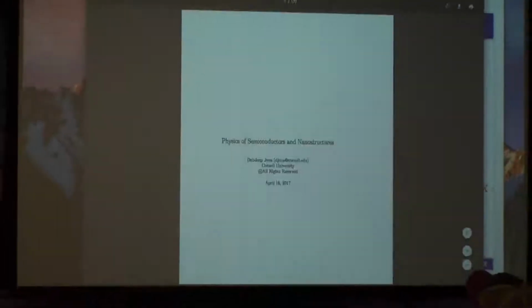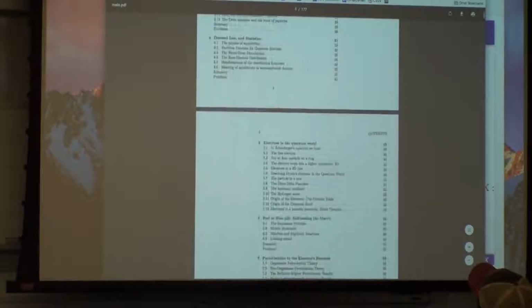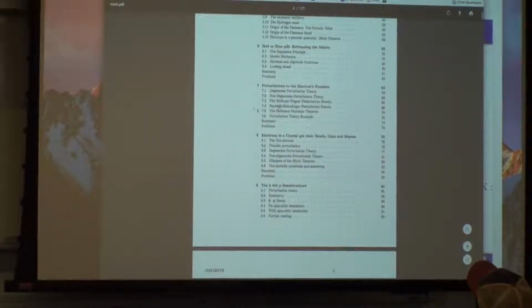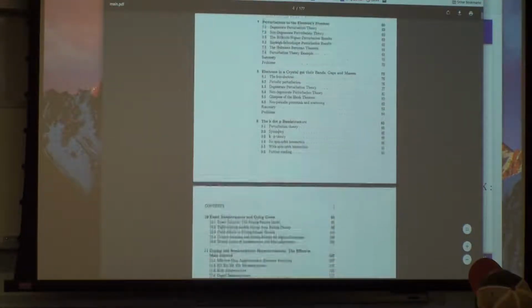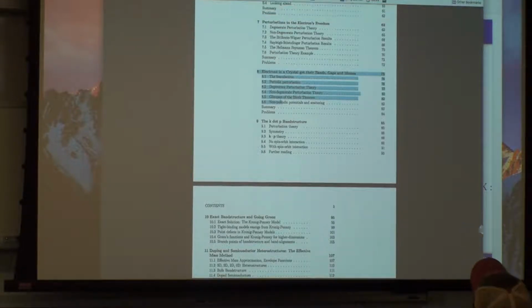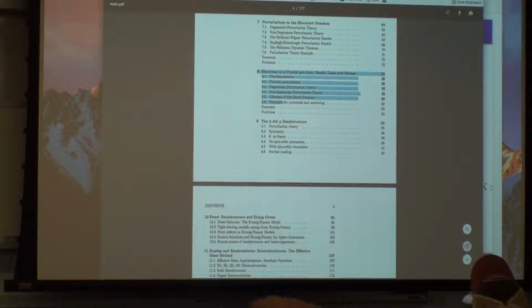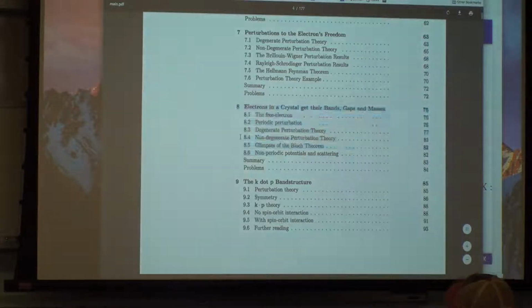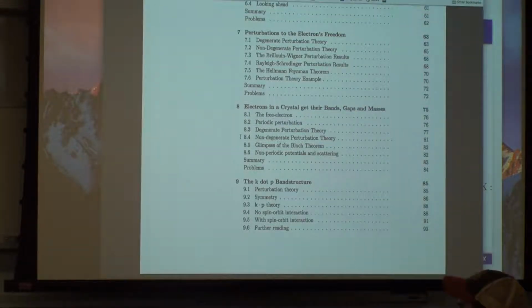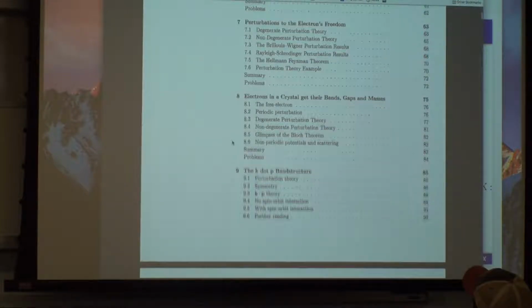Okay. So, if you read, for example, this chapter 8, you will get quite a bit of the information about what I mentioned here, about bands, band gaps, masses, all that stuff from a tight binding picture and also Bloch theorem.